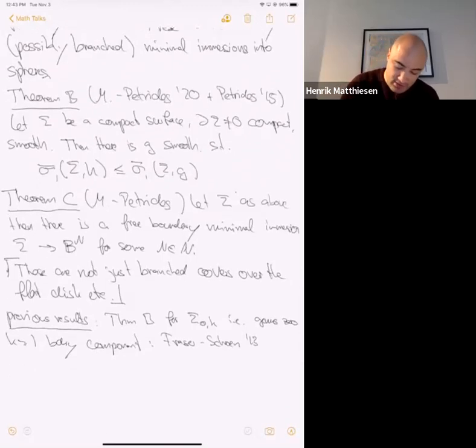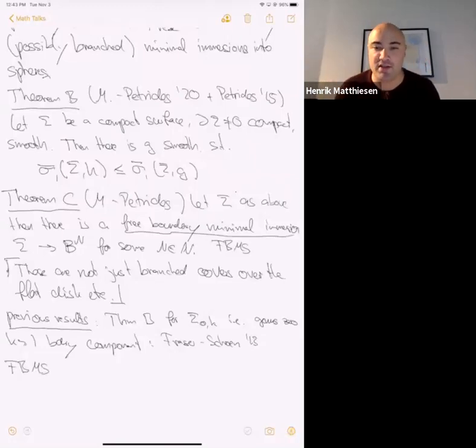Let's call this free boundary minimal surfaces. There's a bunch of results using all sorts of techniques from geometric analysis to construct those. I'll just put some names. There's work by Carlotto that uses equivariant min-max.